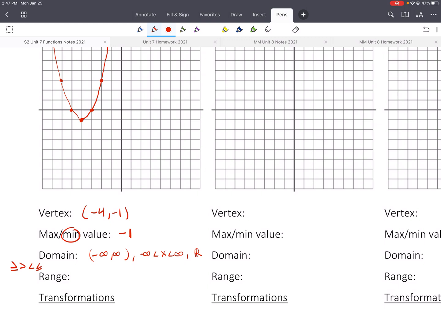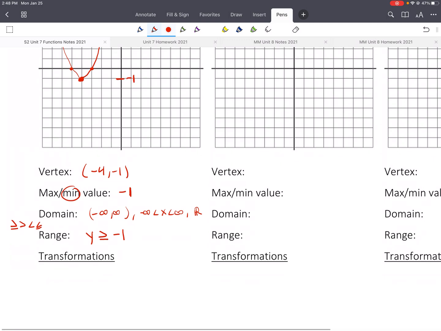So for this, it's going to be all y values greater than or equal to -1. So it's all y values greater than -1, and it's also going to include that -1. Okay, and we'll talk about the transformations in a moment.